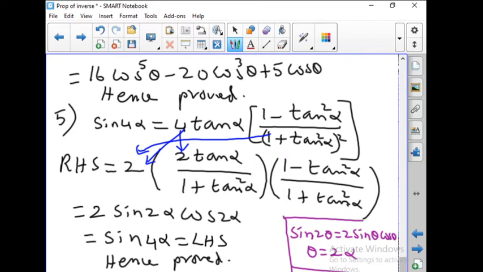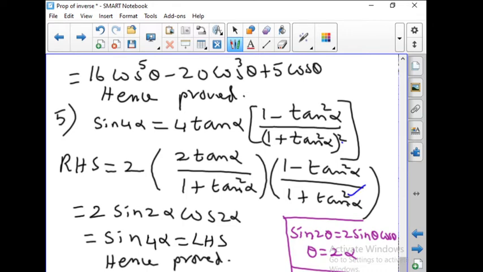So 2 into 2 tan alpha, and in the denominator we have (1 plus tan square alpha) the whole square, so that is also split. So we write 2 tan alpha by (1 plus tan square alpha) into (1 minus tan square alpha) by (1 plus tan square alpha).